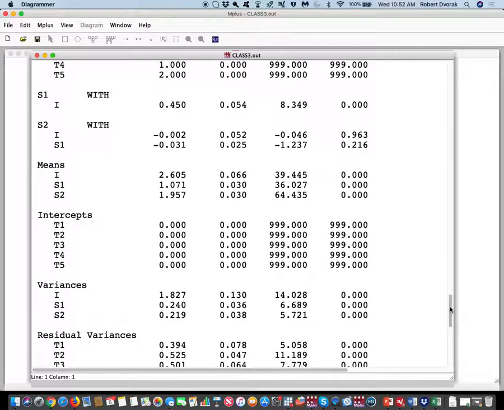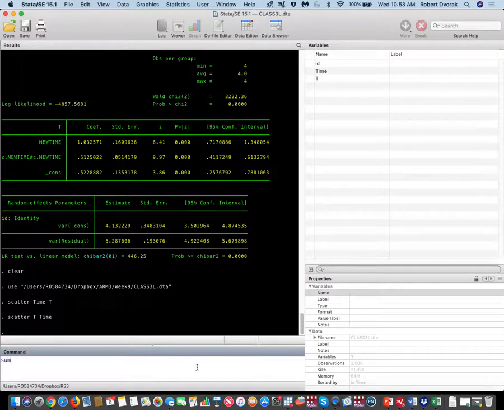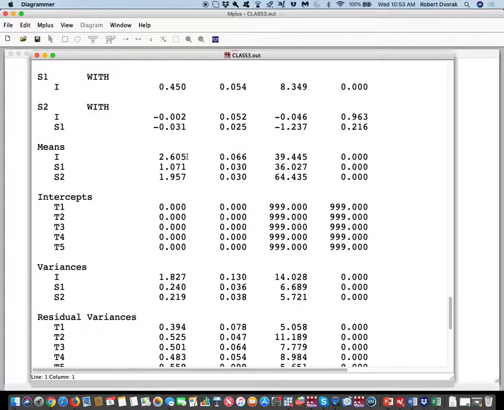As we look down here, let's walk through and talk about what this means. What is our intercept at this point? Is that 53? Oh yeah, it's time 3. Yep, so it's roughly the mean at time 3. Let's have a look over here. Let's summarize t if time equals 3: 2.6, and here we have 2.605.